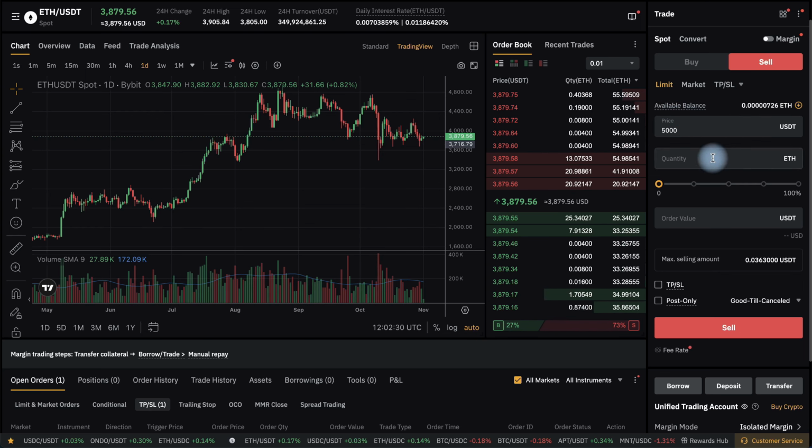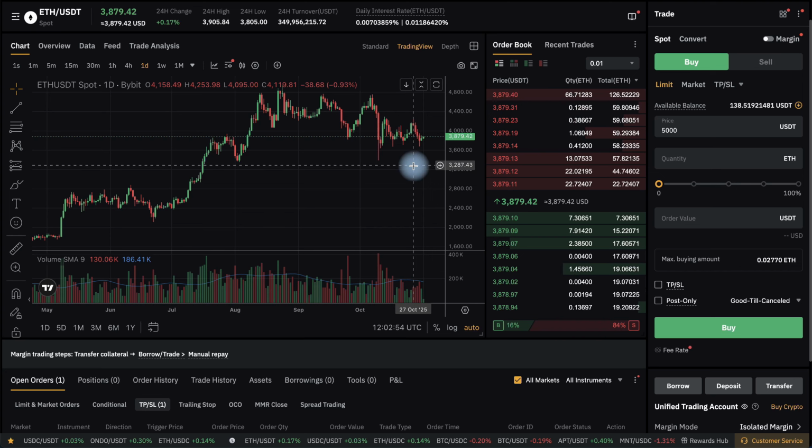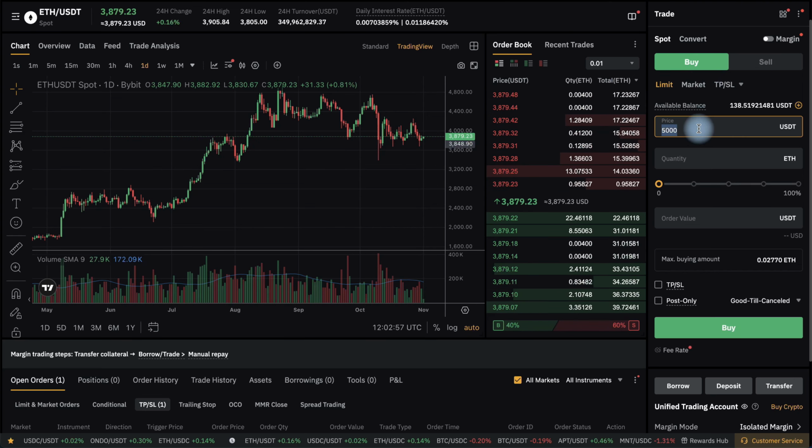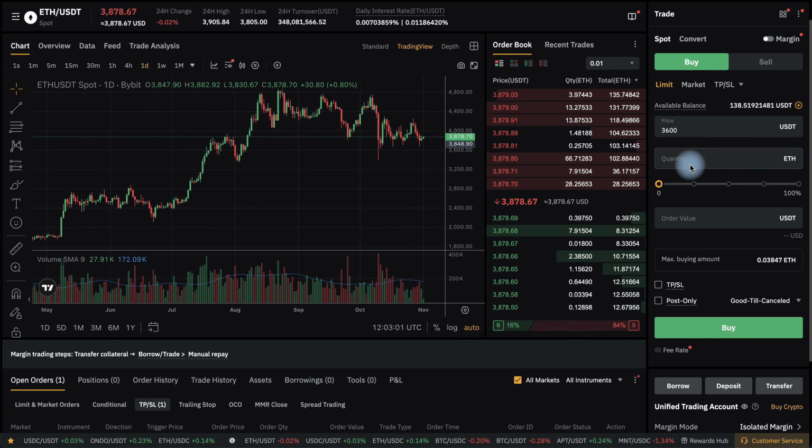Now let's go over a more detailed example. Suppose we currently hold only USDT and want to place a limit buy order along with both take profit and stop loss. Let's say we expect Ethereum to drop to 3,600 and want to buy it there with all our funds, about 0.0384 ETH.